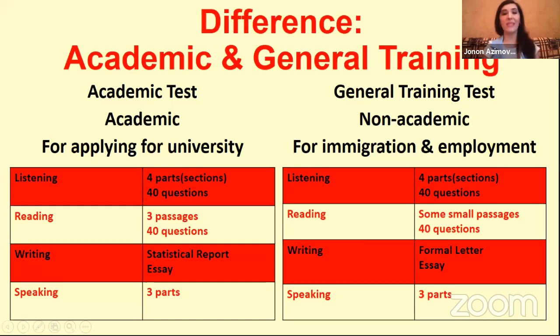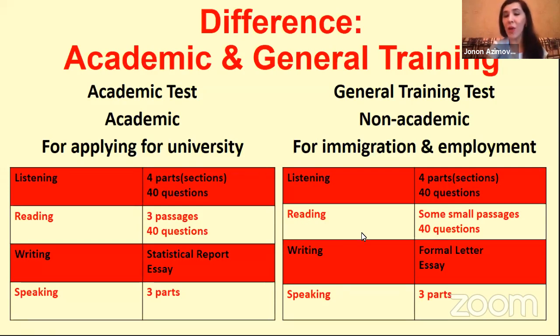But there is a very important difference between their reading parts as well as writing ones. In reading in an academic test, you are expecting to see 3 whole passages, which are in academic style. Still, we have 40 questions.